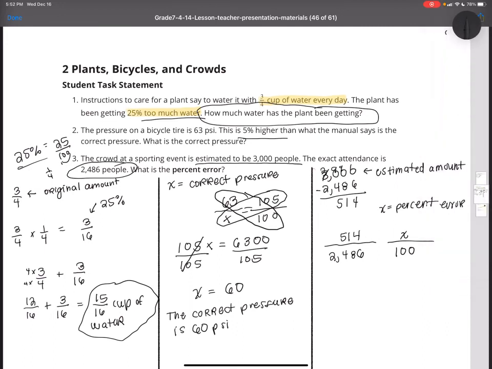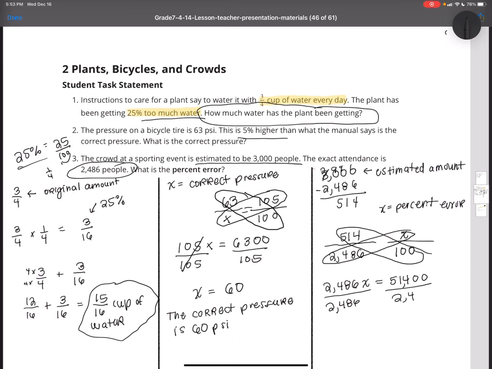Okay, so now I'm going to cross multiply. And when I cross multiply, now I have my equation set up to where it's going to help me find the percent error. I want to isolate this variable to put it by itself.